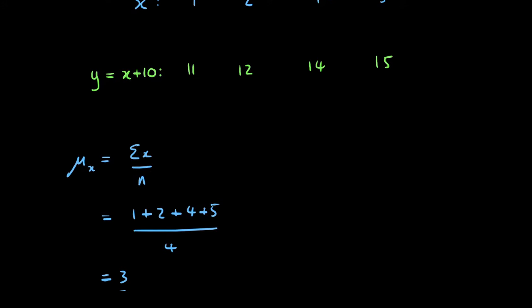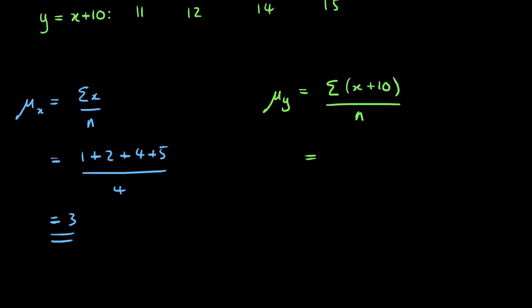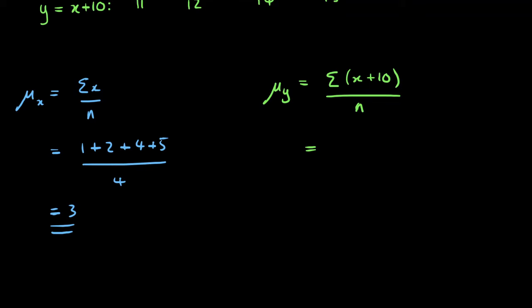Now, we can do the same thing, but for our y distribution, we can add up all of our y values and divide through by 4. But remember, actually, our y's can be defined as our x values plus 10. So this is the same thing as doing the summation of our x values plus 10 divided by, in this case, n, which is 4. Well, if we write this out, then what's this going to be the same as?